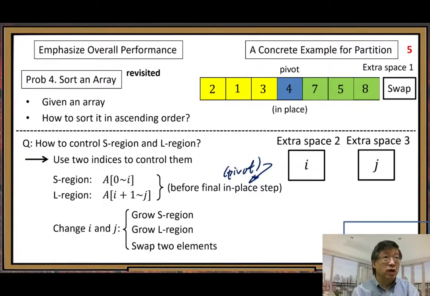Other than those things, we can control all the regions very well. All right. So that's the most important step in the quicksort partition step. All right. So we finish our B.4 right here.